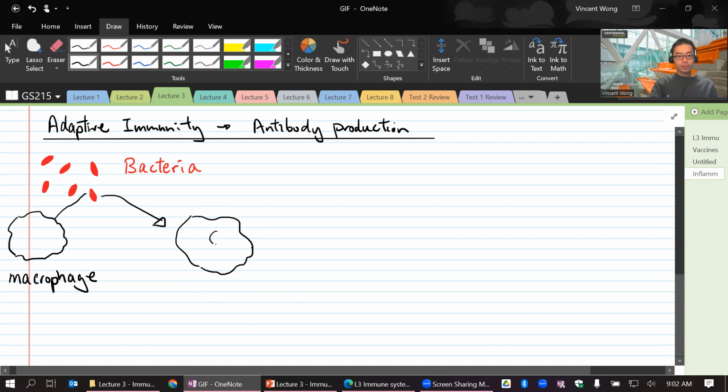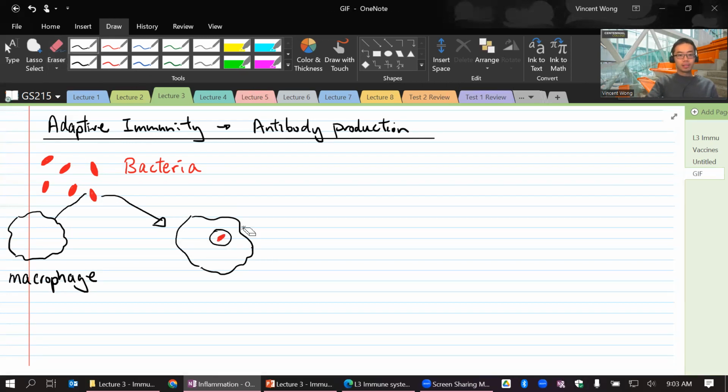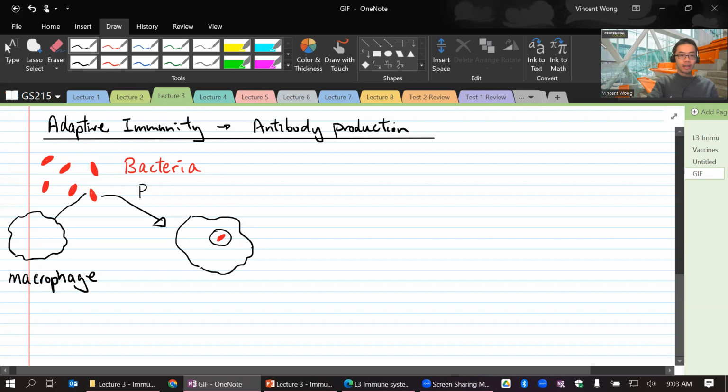And it is going to surround the bacterium in a vesicle. Okay, so this process is called phagocytosis, right? So far, nothing new. We learned all this already. What I did not tell you is what happens after the bacteria has been engulfed, has been phagocytized.